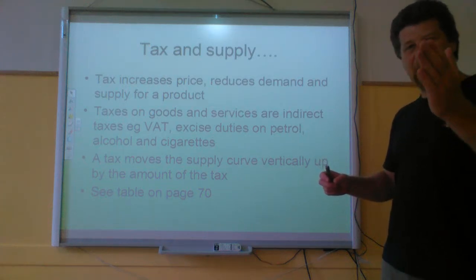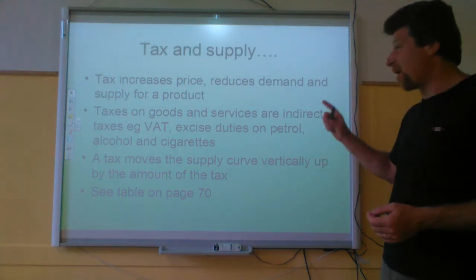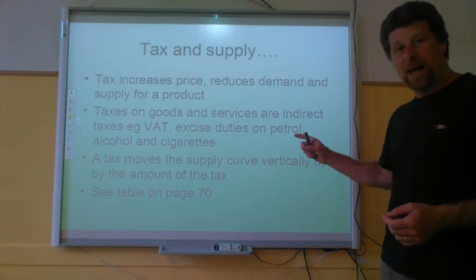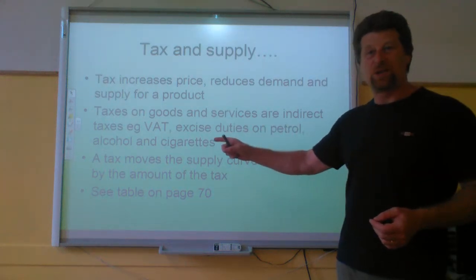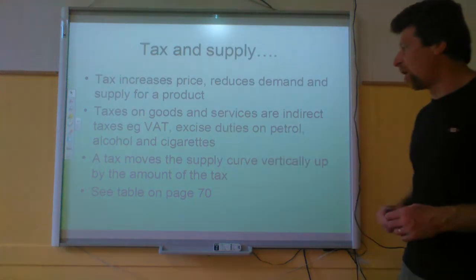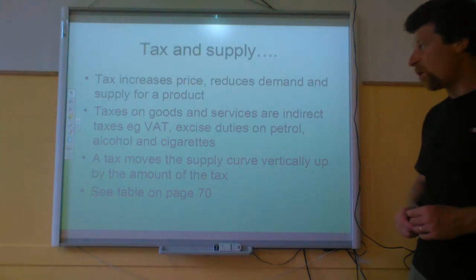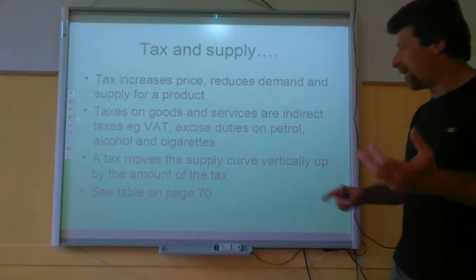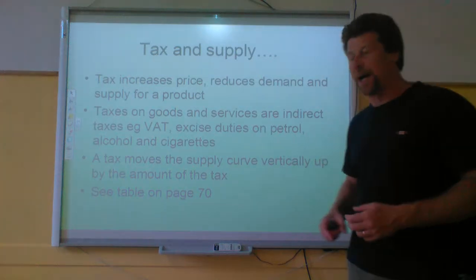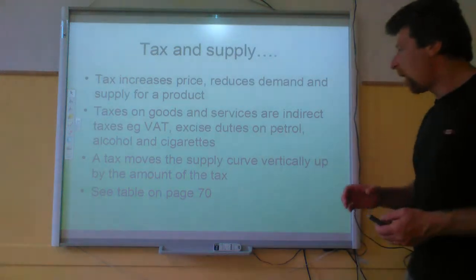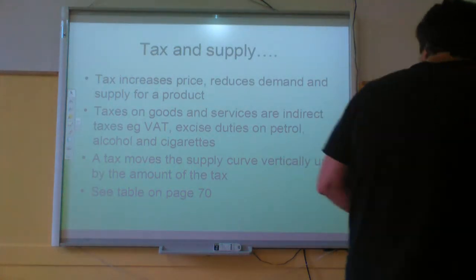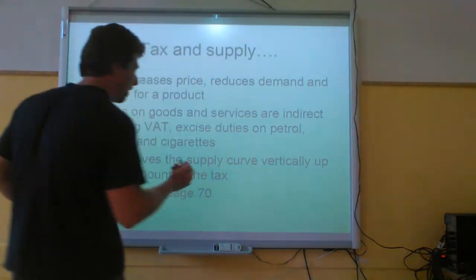We also have excise duties, which we pay on petrol and on dangerous goods like cigarettes and alcohol, which reduces the supply. I'll show you the graph changes.